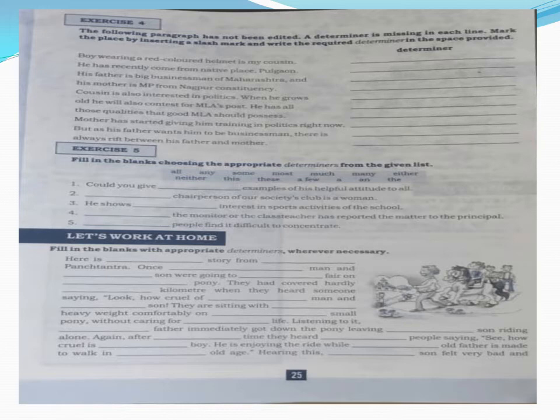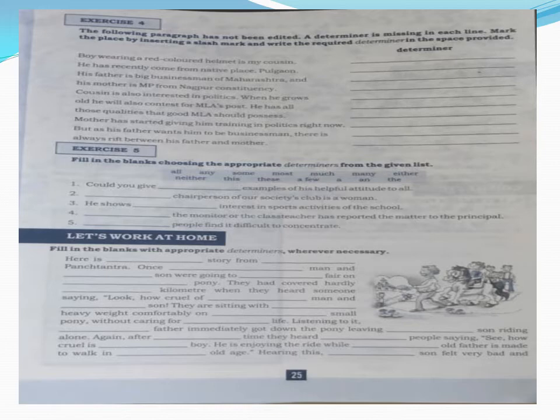Okay, so did you see here the first sentence? Boy wearing a red colored helmet is my cousin. Okay, so here we can say that boy wearing means a boy.